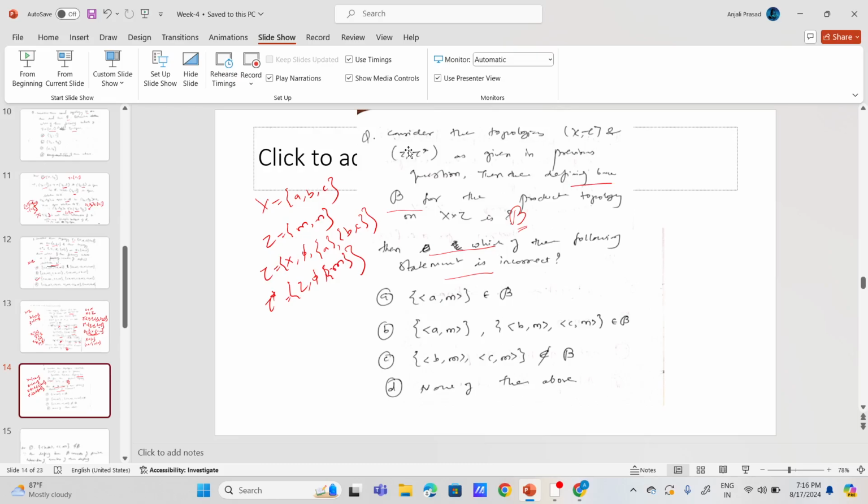So I hope you are getting it by the basis elements and the subbasis elements. Any doubt? Can you connect it?